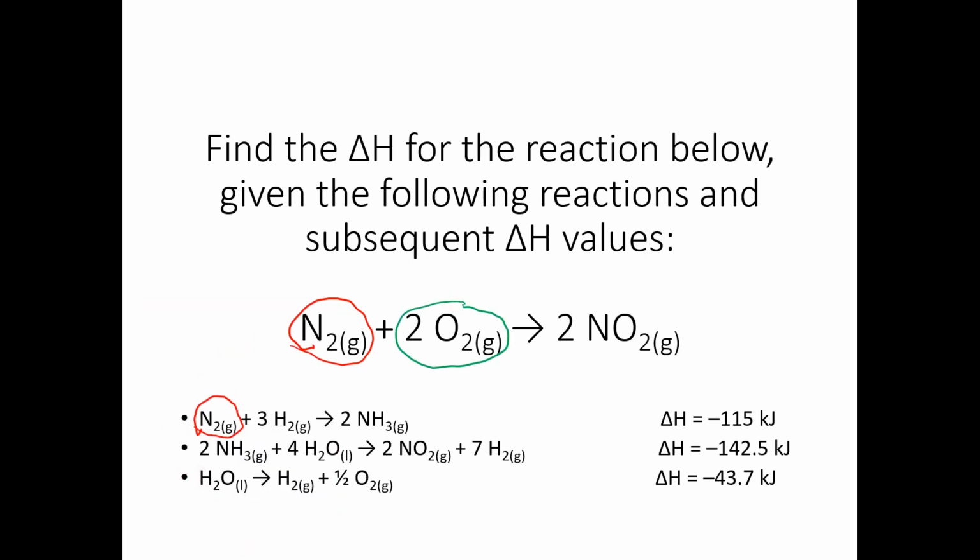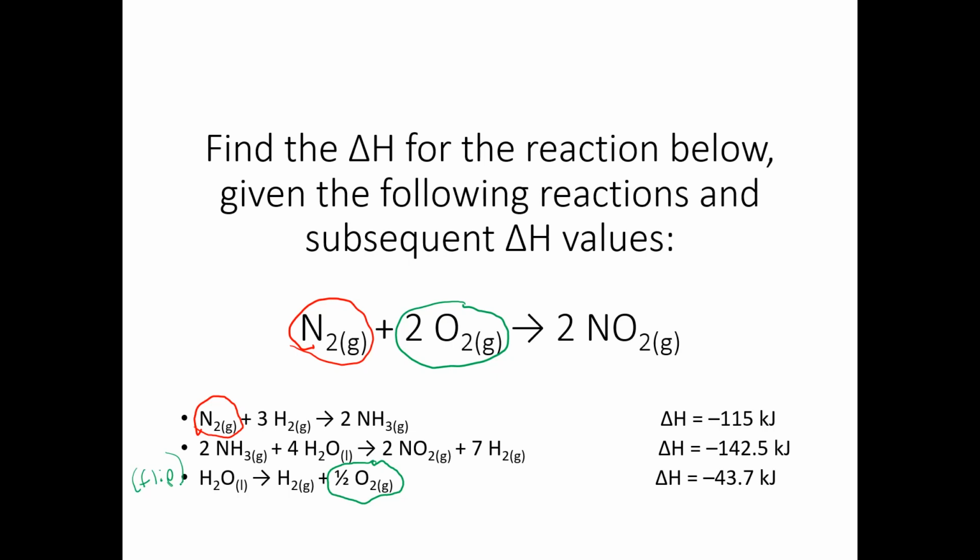If we're looking for O2, we have O2 in the third equation, but it's on the product side. So we're going to need to flip this equation, and we have one more problem here. Because this reaction only shows 1/2 O2, but we need 2 O2s.